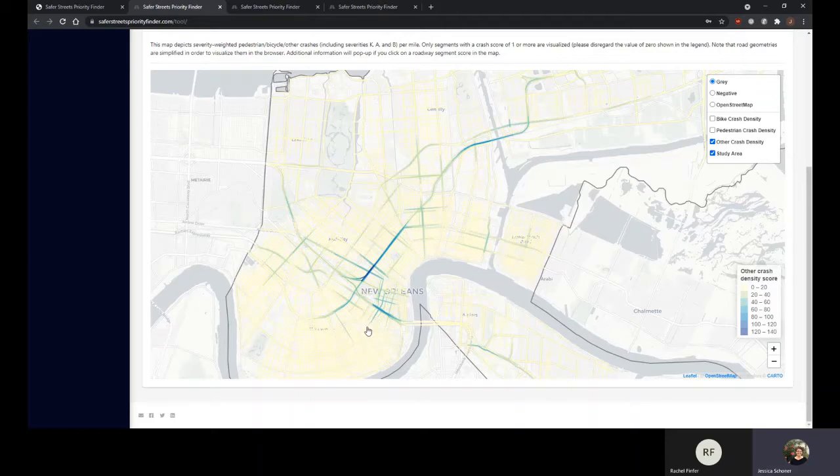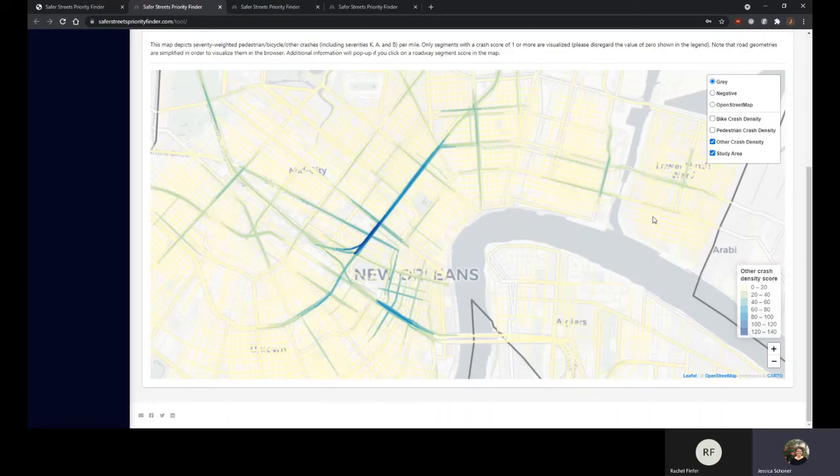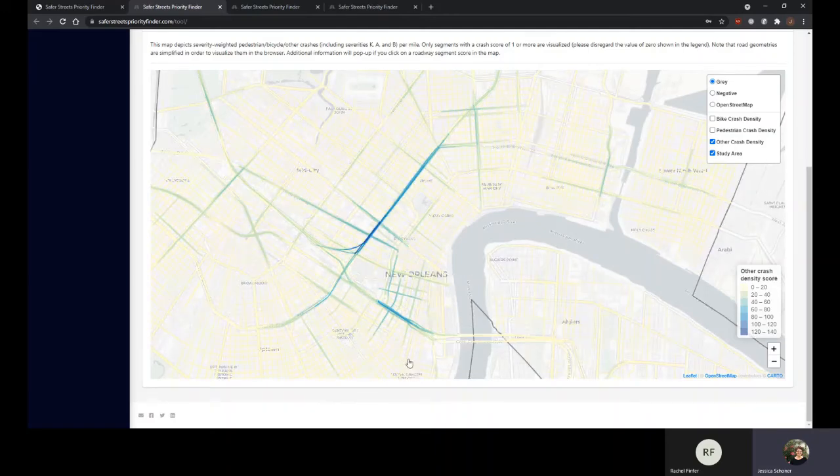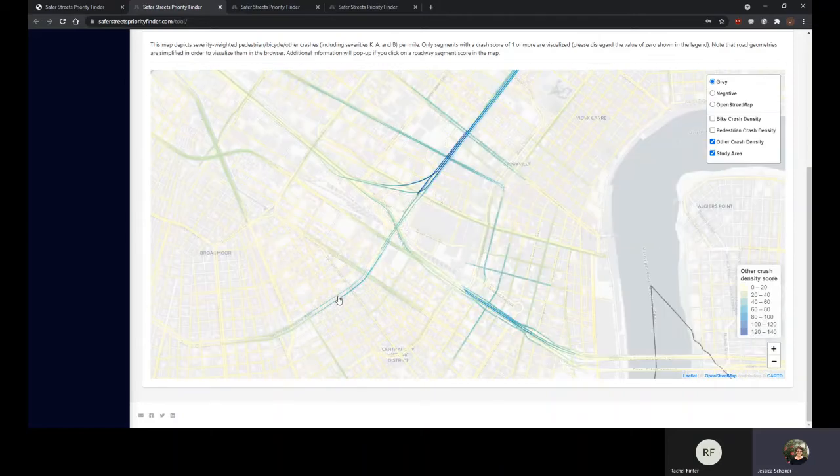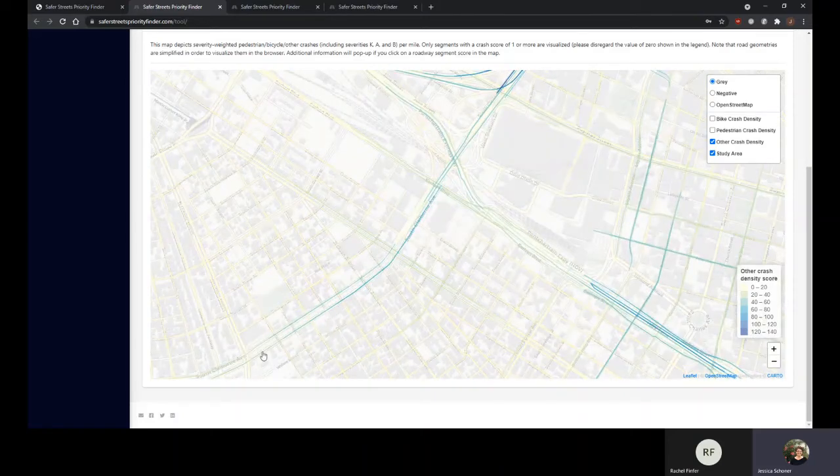There are a few caveats to this. The big one is that a lot of cities digitize their roads where it's a divided road as like two parallel lines. Let's see if I can zoom in and show you one of these here. So this is one road, but it's got lines in the network for either direction.